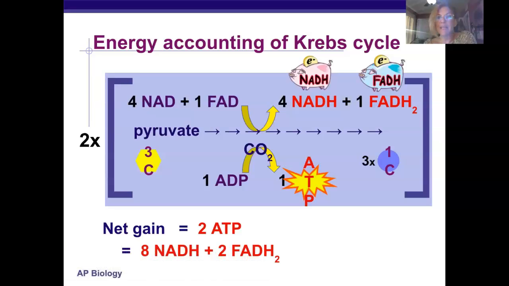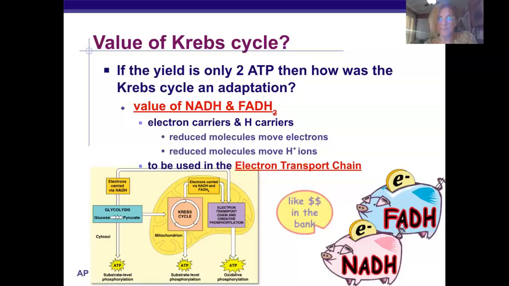Along the way, we've made 2 ATP molecules. Okay, so the whole purpose of the Krebs cycle is to create those electron carriers, the NADH and the FADH2. The big amount of energy happens in the electron transport chain, which means we have to shuttle electrons through the process into the electron transport chain, which we can call chemiosmosis.